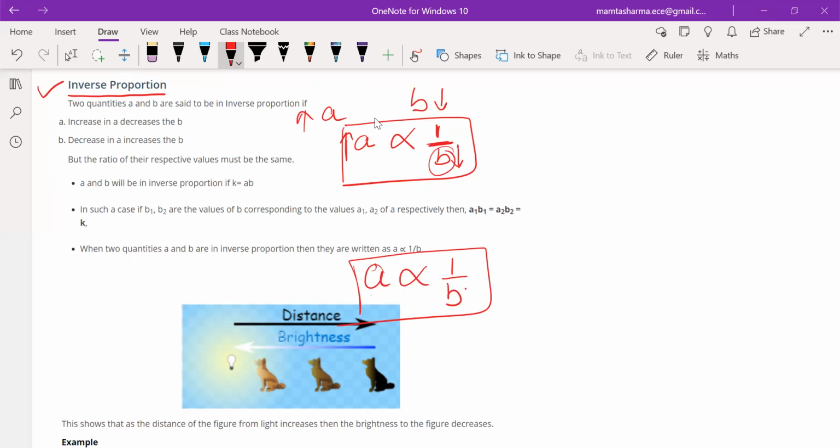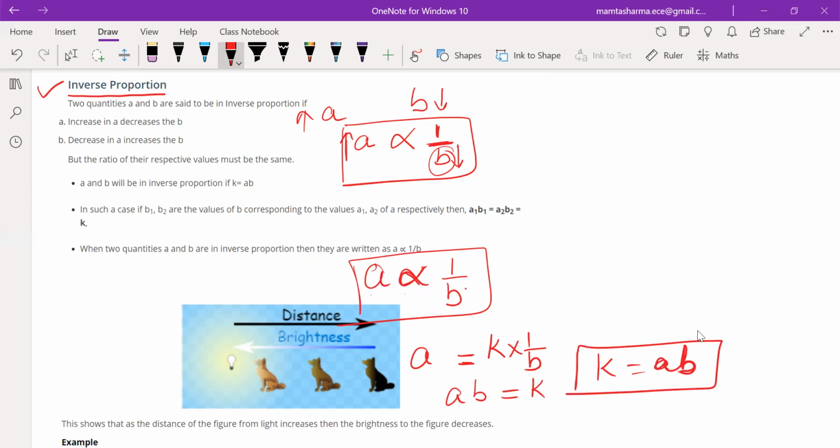Now when we remove this proportional sign and put the equal sign, then one constant will appear with this term 1 by B. If we cross multiply B with A, AB equal to K. So this constant value will be A into B.